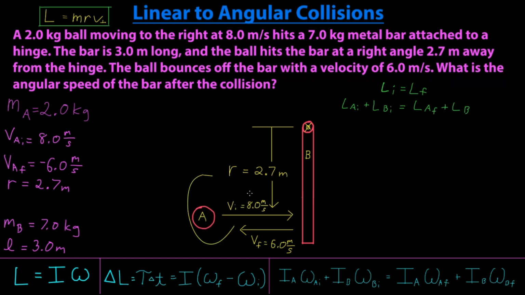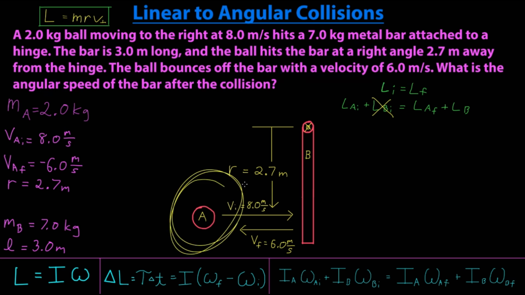At the beginning, the ball is moving, but the bar is not, which means since there's no velocity or angular velocity for the bar, there is no initial angular momentum for the bar either. After the collision, the ball is moving and the bar is moving, so everything else stays. I'm now going to expand this. Here's where a big connection comes into play.